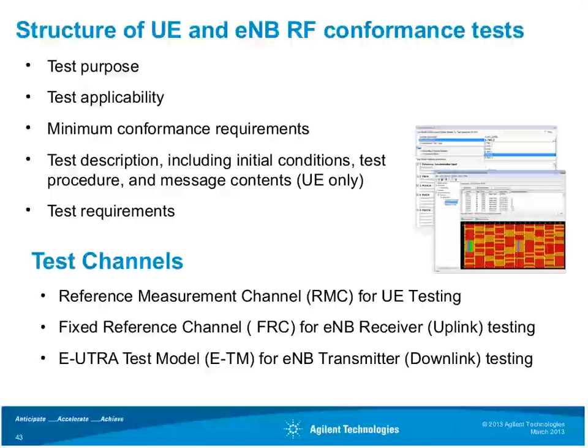So for the UE, it's called a reference measurement channel, or RMC, and it precisely describes the configurations of the signals to make the test, such as the modulation, the channel bandwidth, the number of resource blocks, etc. For the base station receiver, it's a fixed reference channel, and for the base station transmitter, they define their test models as E-UTRA test models, or ETM, and this was inherited from UMTS.